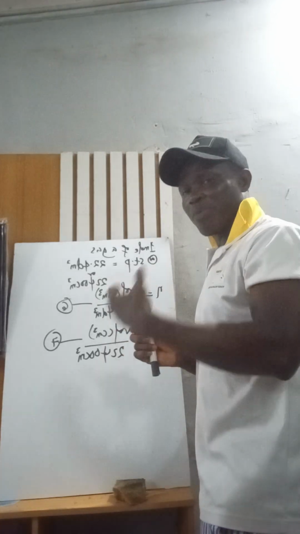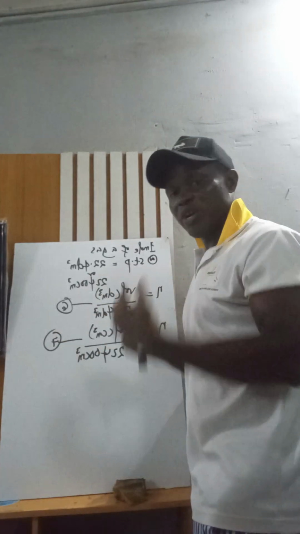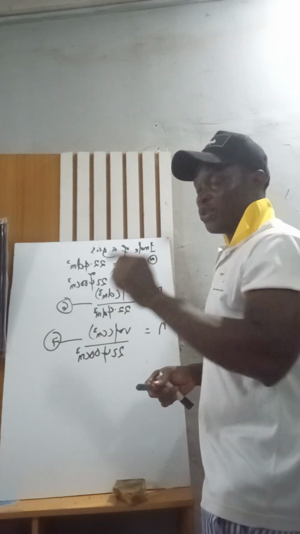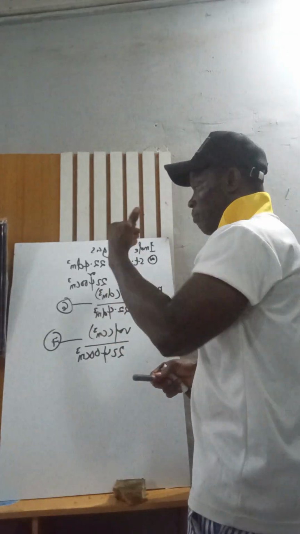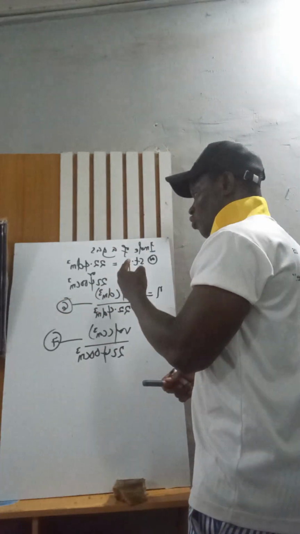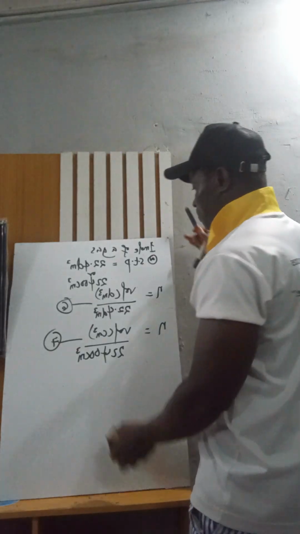So when a gas occupies a volume at STP, quickly your mind should visit this 22.4 dm cube, or 22400 cm cube rather.